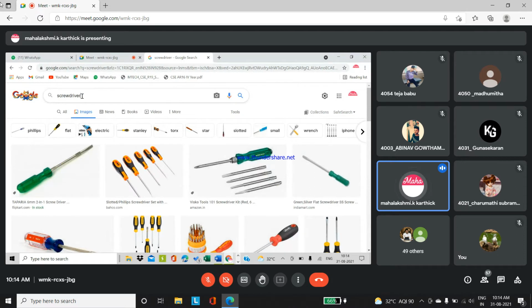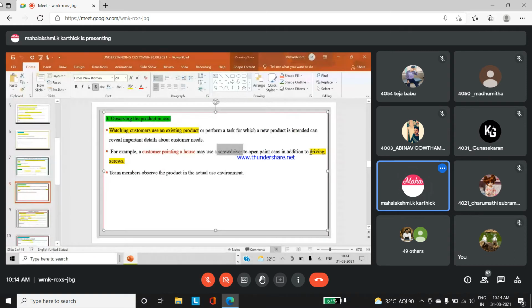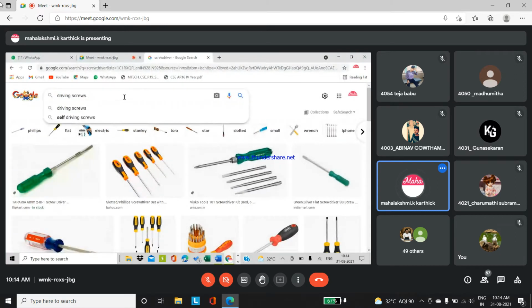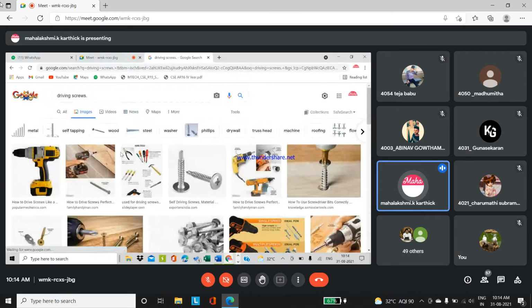But what is called driving is something different. If you just hold that particular instrument, a product, in your hand, it automatically inserts the nail or it can remove the nail.